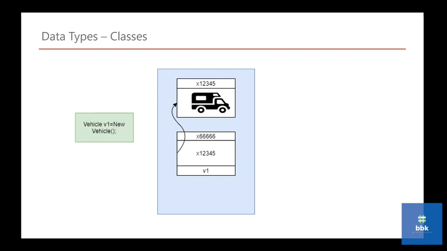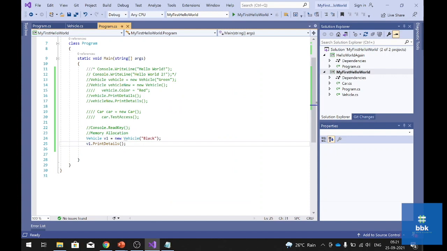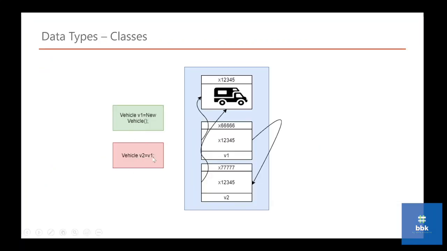Now let's go back to our code and write this line. I'm creating another Vehicle type reference variable and setting it to v1. In this case, we now have v2 which has the value of v1. Here v2 gets a memory allocation of its own which is different from v1. Since we have set v2 equal to v1, it copies the reference to here.